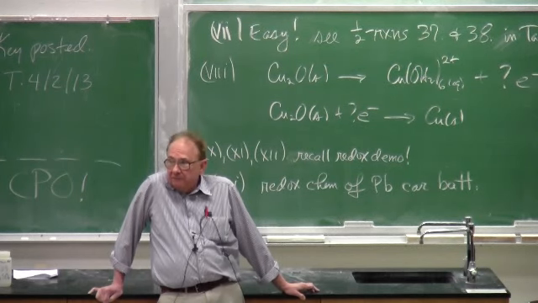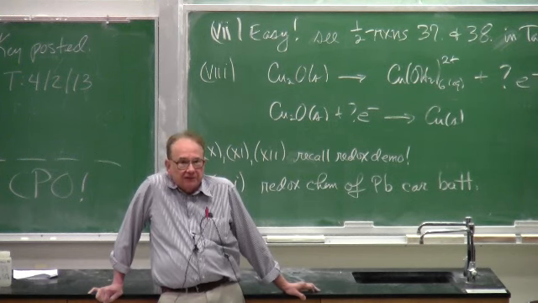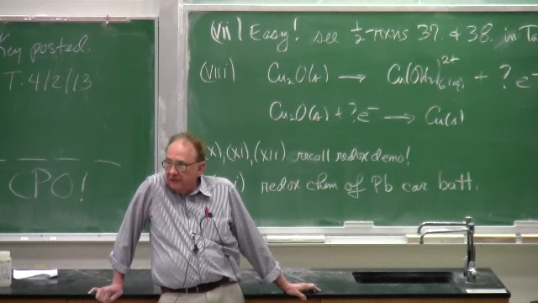Okay, so what? While iron in the +2 oxidation state is being oxidized to iron in the +3 oxidation state. Do you see this? Following from the statement of the question.